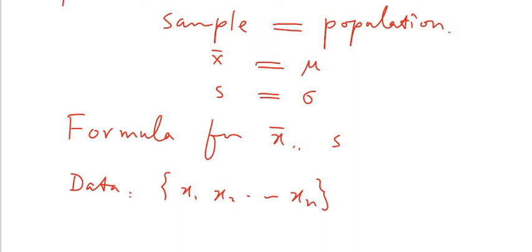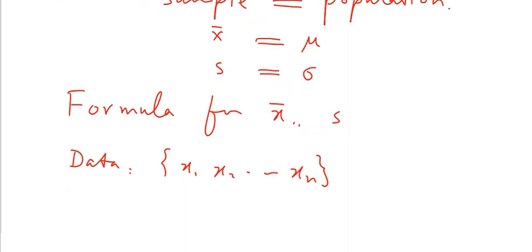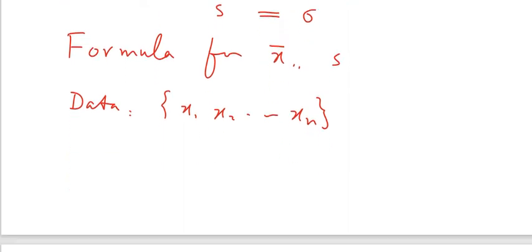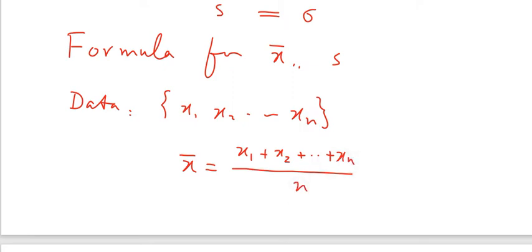This data is just like a sample, right? So from the sample we have those numbers. Then this x bar is calculated this way: we just add them up, x1 plus x2 plus up to xn, divided by n. That is the sample mean.